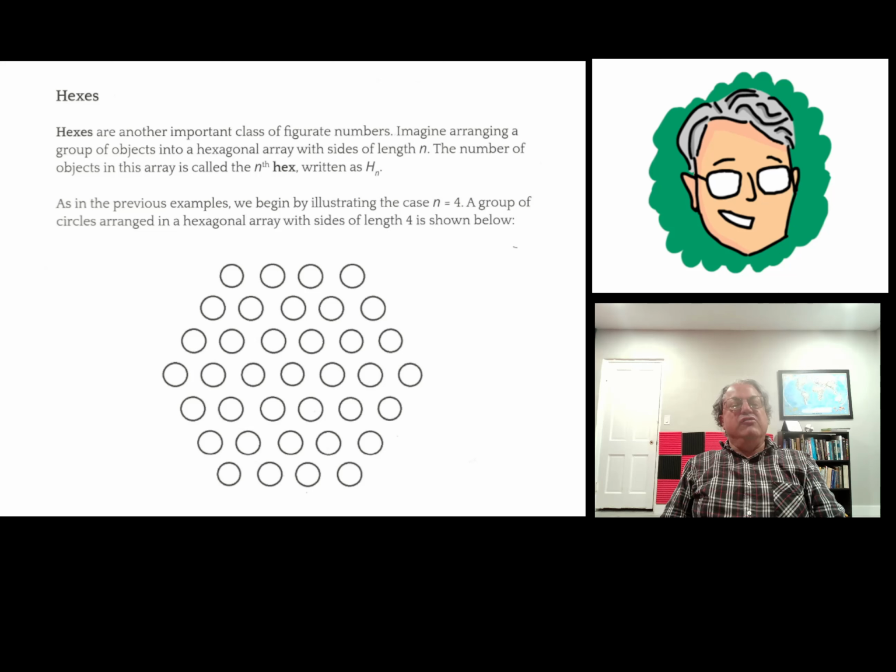You have a regular hexagon in this case, with 4 objects on each edge of the hexagon, and then it's completely filled in with this nice triangular array. We want to know how many objects there are in this hex. That's what we call H4, the 4th hex.